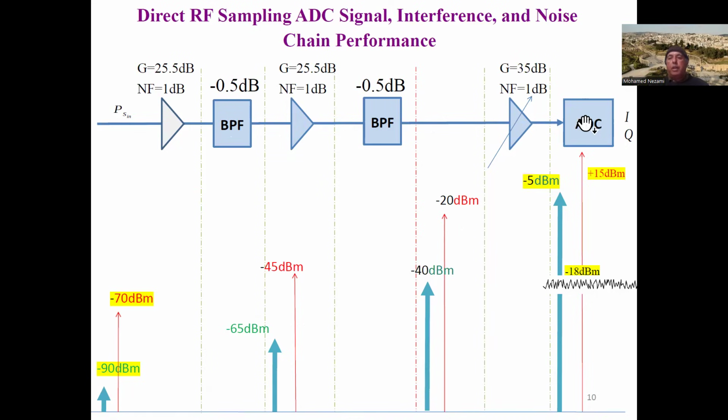So therefore, in here, really, I don't have any way of rejecting this strong interference, other than having to use an ADC that has a wide dynamic range that will enable me to see large signal and then very small signal. Okay. Like for instance, in here, if you reduce this to minus 5, that means your gain has to be reduced by 20 dB. That means this has to go down to 15 dB.